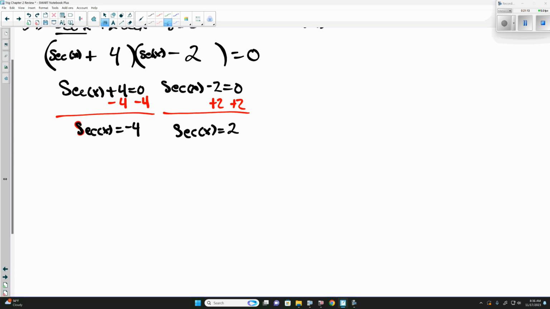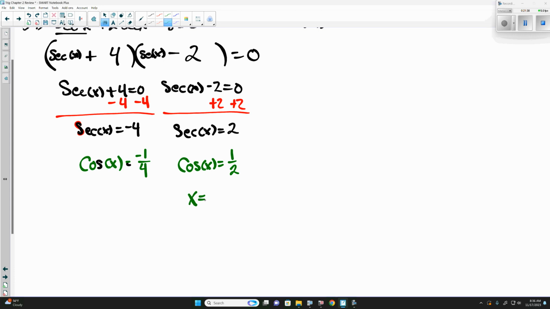Well, secant of x equals negative 4. We can do sine inverse or arc secant, but secant is the reciprocal of cosine, so it's saying cosine is negative 1/4. This other one is saying cosine of x is equal to 1/2.